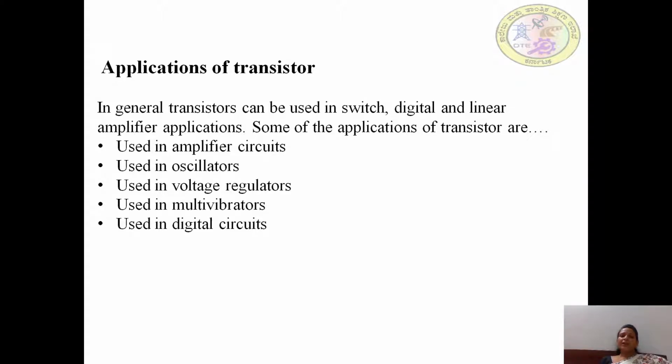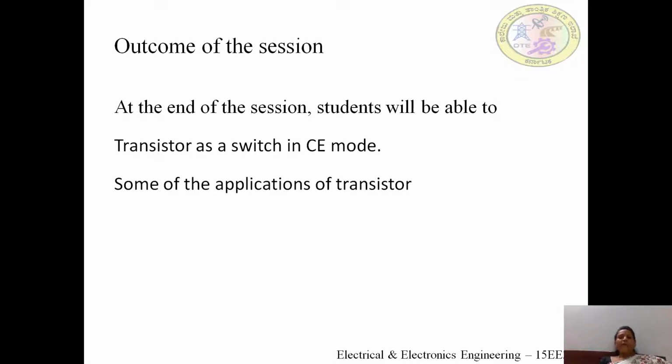But beyond that, transistors are also used in oscillator circuits, as voltage regulators and in multivibrators. Multivibrators are nothing but signal generators, and transistors are also used in many digital circuits. In this session, we have discussed the transistor as a switch in common emitter mode, because common emitter mode is the most widely used configuration.